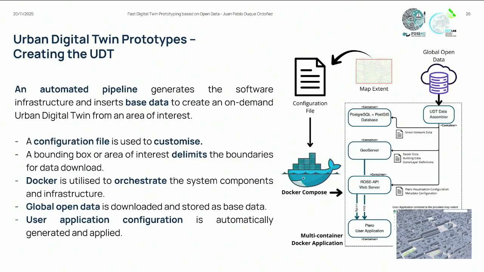It's an amalgamation, an orchestration of services that in the end gives you the entire urban digital twin. Urban digital twins are actually a system of systems. So it's not a single solution, but an integrated solution of multiple systems working together to create this digital representation of the real world.